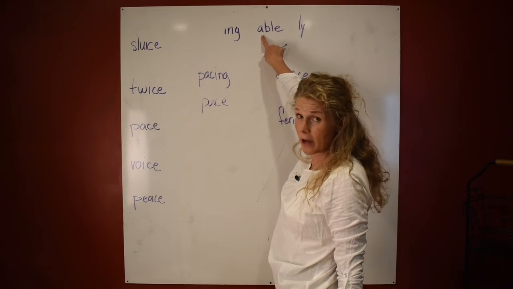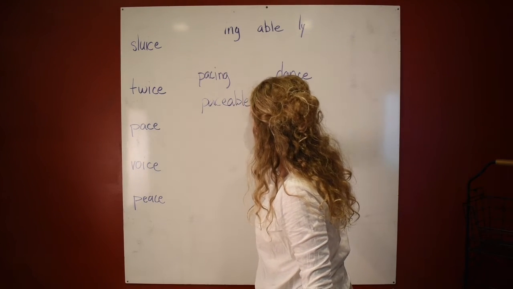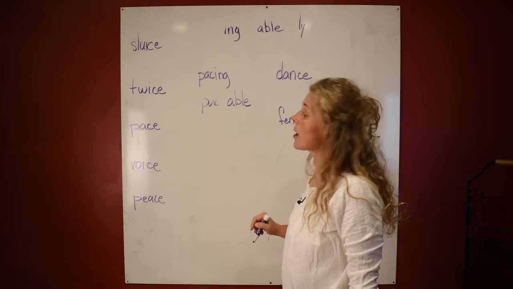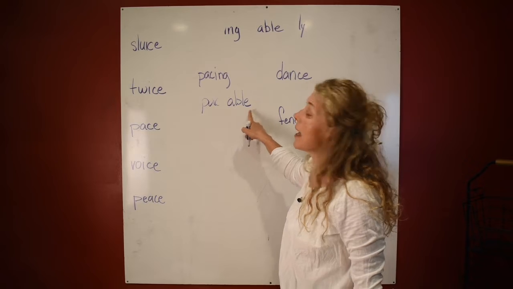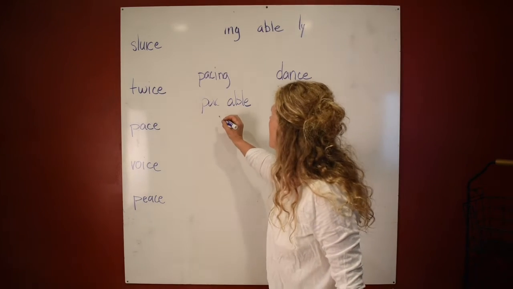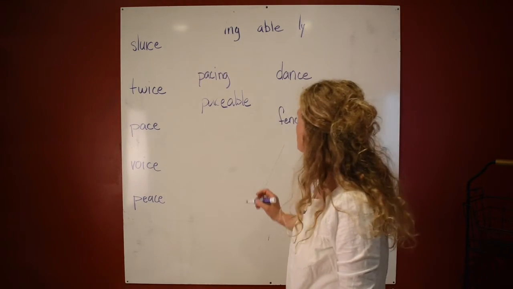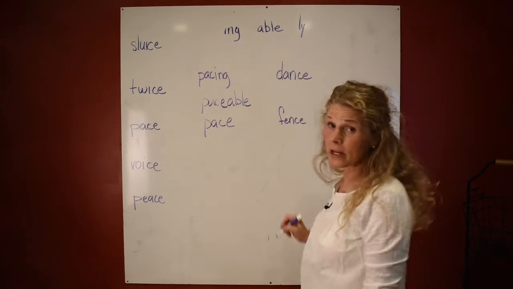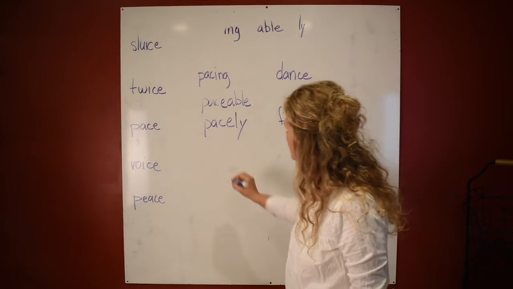So, is that an E, I, or a Y? No. So you just add it on. So let's see if we did drop the E, it would say packable. And then it would still be spelt wrong. But we want it to say paceable, right? And when you're adding on a consonant suffix, you don't drop the E, you just add it on.